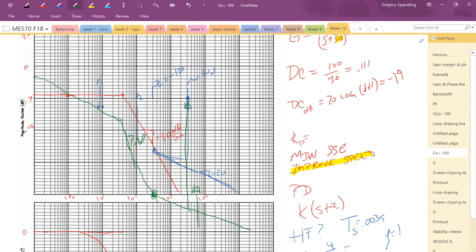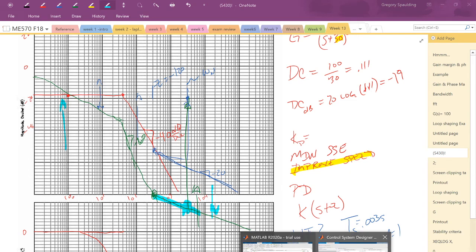So again, what we're doing is getting it up here, down here, and 20 dB per decade across our crossover frequency.